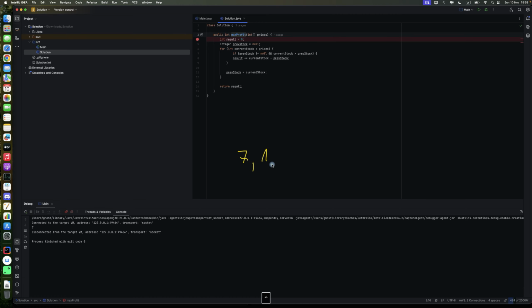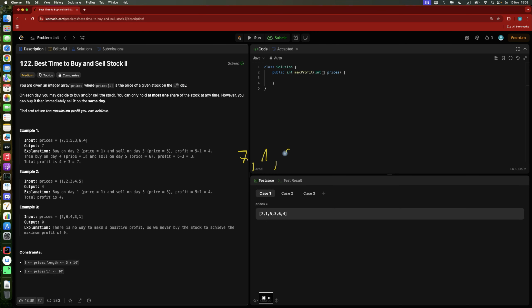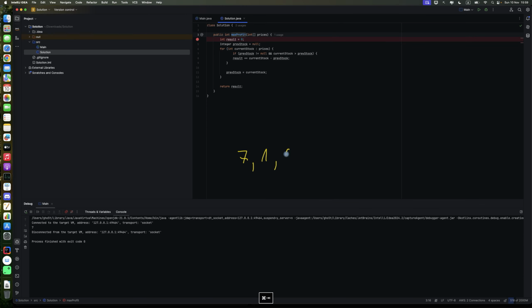if we have 7, 1, like in our example, and later we have only increasing numbers, like increasing for us is in the opposite order. So let's take, for example, this case. I want to explain why greedy works here. It is a bit tricky.